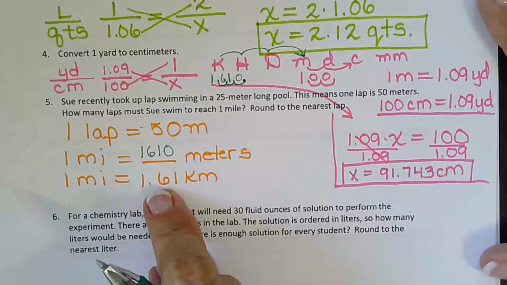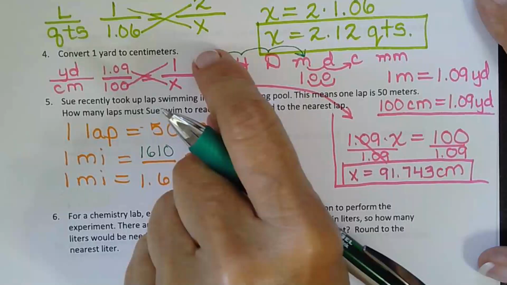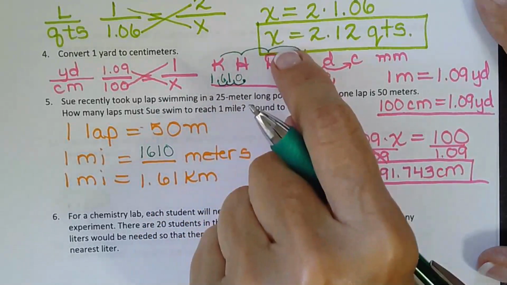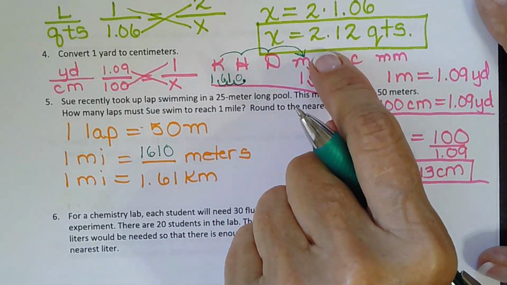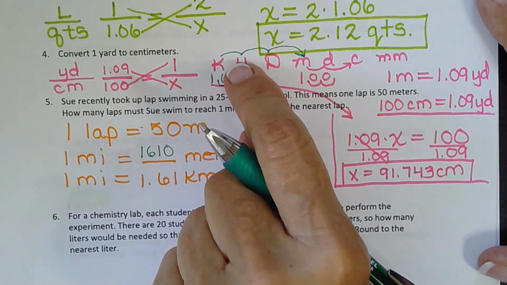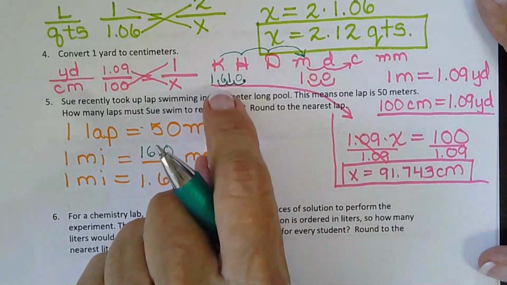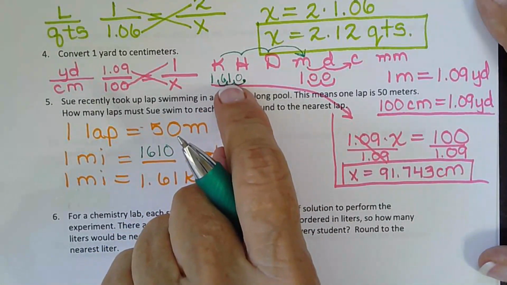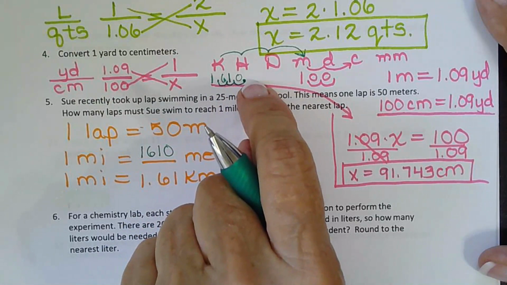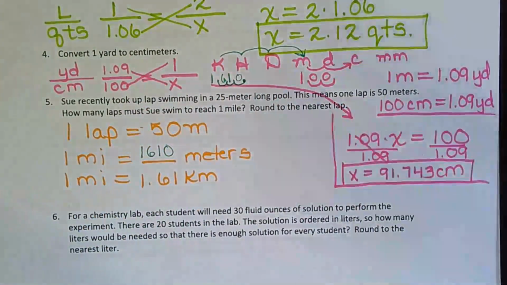Because we multiply this number by 1,000, and that's what we get, because that's what moving 3 places means. That's the same thing as multiplying by 10, 100, 1,000. So 1.61 multiplied by 1,000 turns into 1,610. So now we have our conversion, finally.